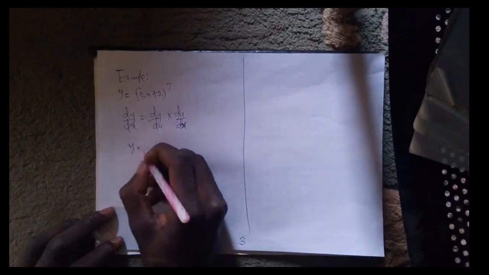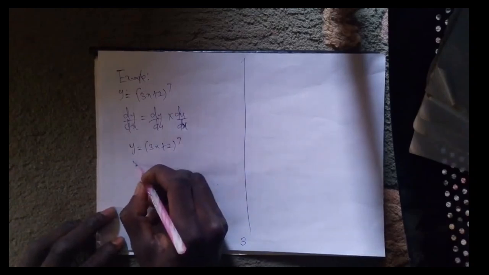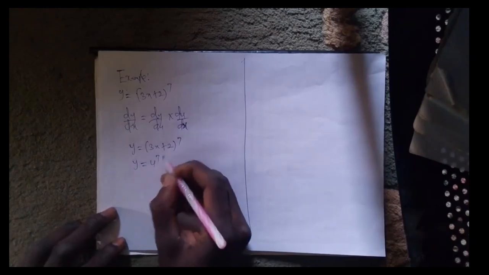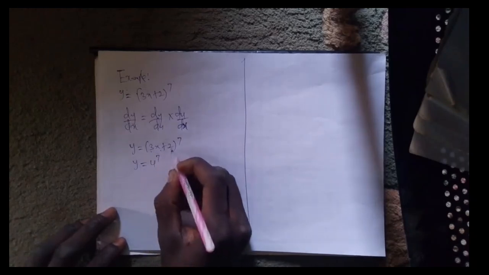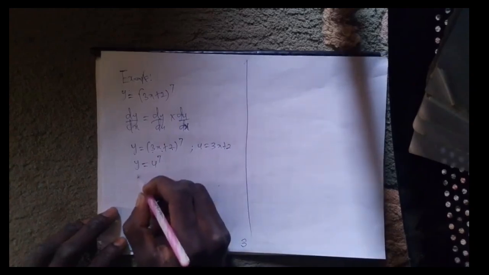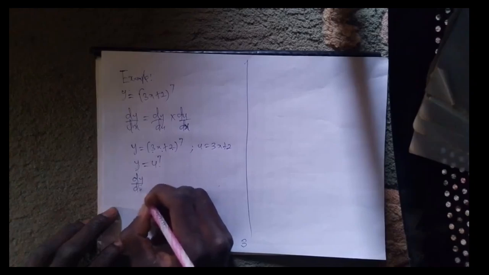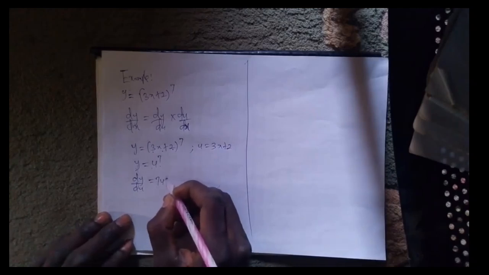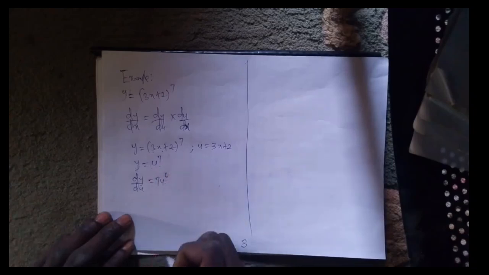So y is equal to 3x plus 2 power 7, right? Then y is equal to u power 7, where u is equal to 3x plus 2. So here, differentiating with respect to u, dy du is equal to 7u power 6, using the power rule.